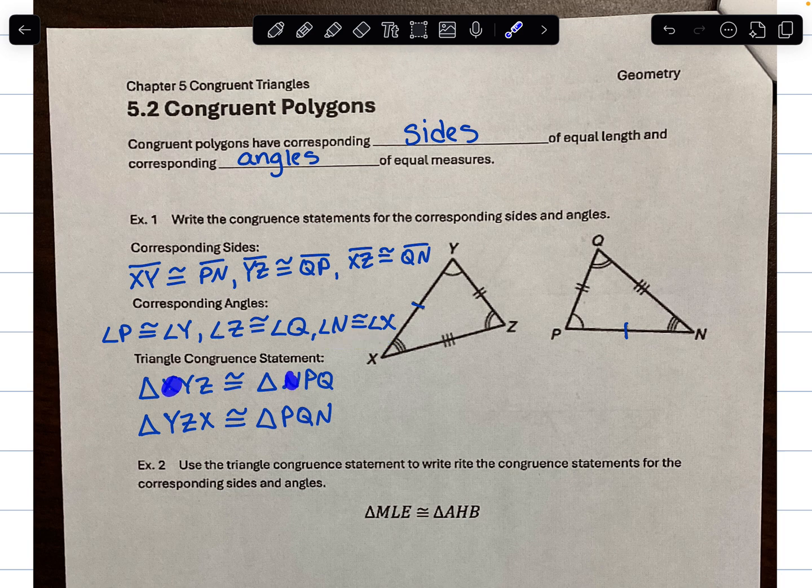I wrote X and N, right? What two angles are in the middle? Y and P, which I said were congruent. And then what two angles are at the end? Z and Q, which I also said were congruent. Okay, so we can use a triangle congruent statement to write corresponding angles and corresponding sides.